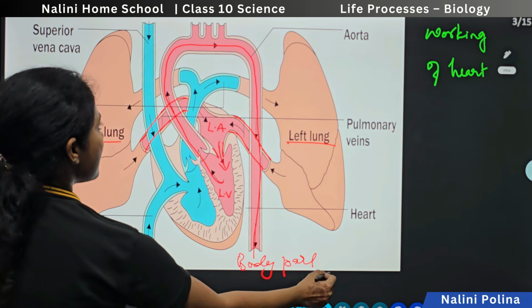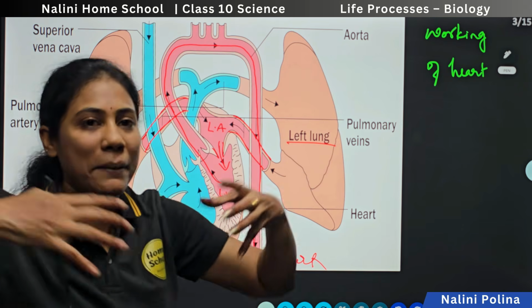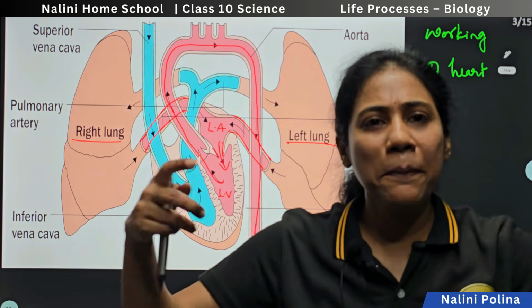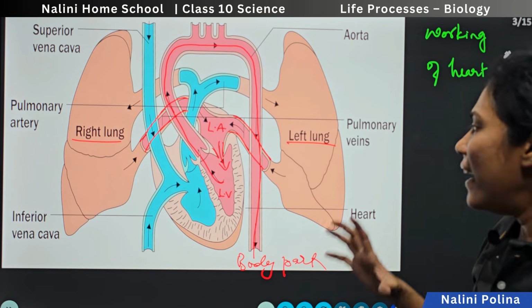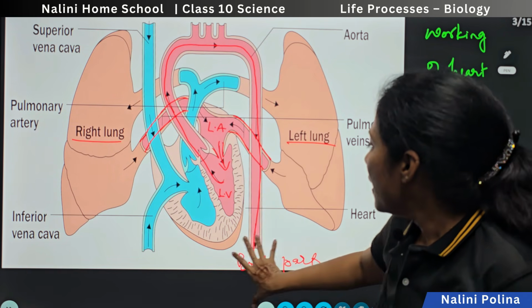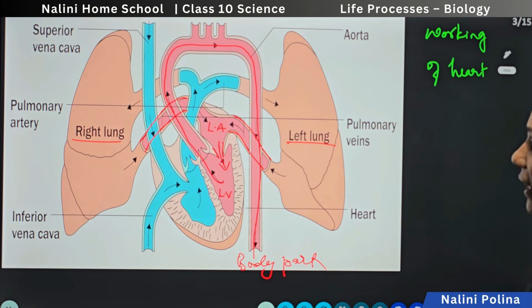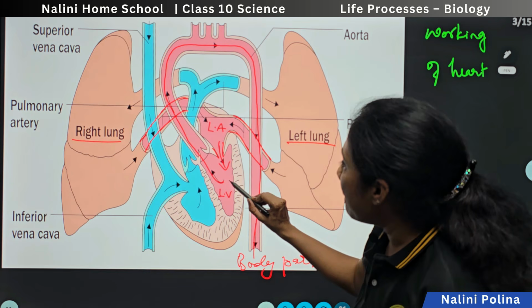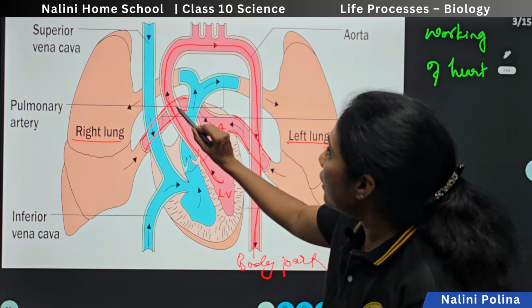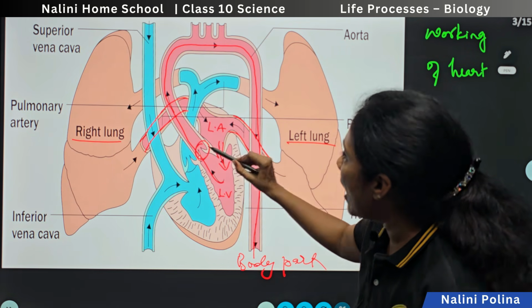This biggest pipe has got branched pipes to all the body parts, and through those branched pipes, that oxygenated blood is moving to all the body parts. And the moment the blood is going from left ventricle to aorta also, there are valves, guys.